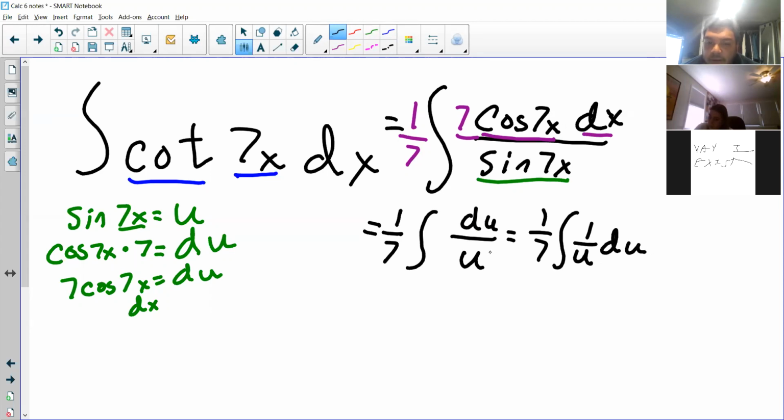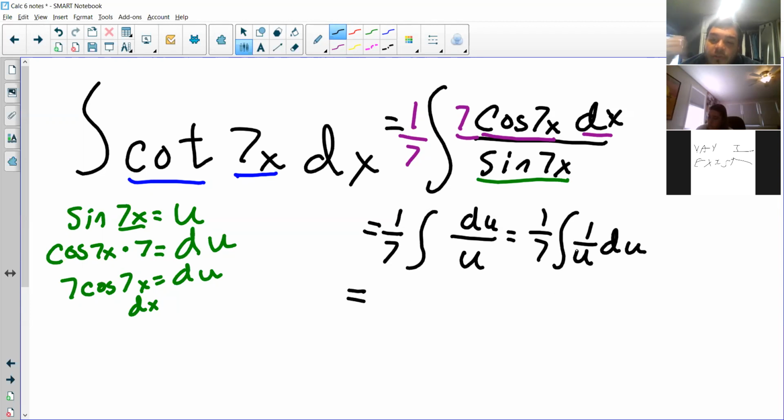These are the same thing left and right. Okay. So that is our integral simplified.